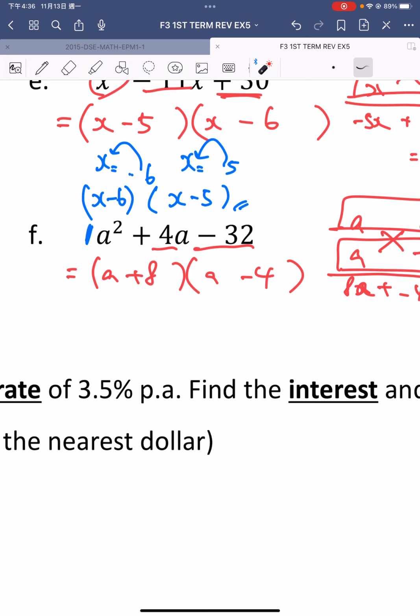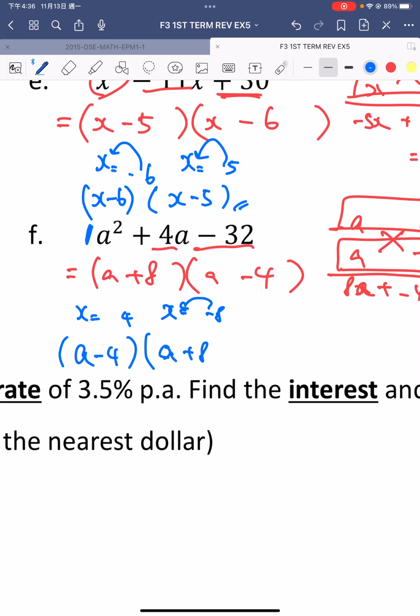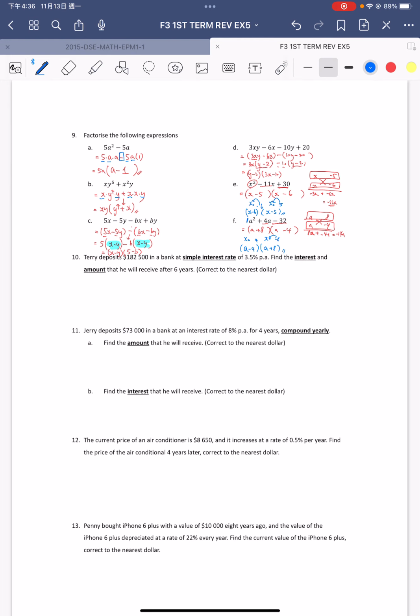So if you put all of the things in, we have x is equal to 4, so we change it to become a minus 4. And then you press the exe again, we have x equal to negative 8. We turn it to the left hand side, we get a plus 8. As our variable this time is a, you can't just keep the x. We just change the x to become a. Okay, so that's all for question 9.